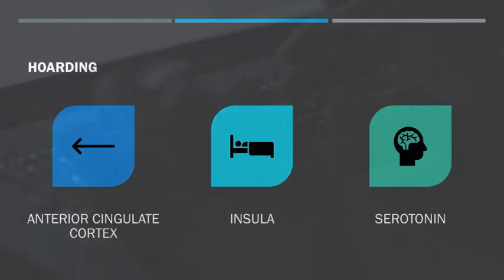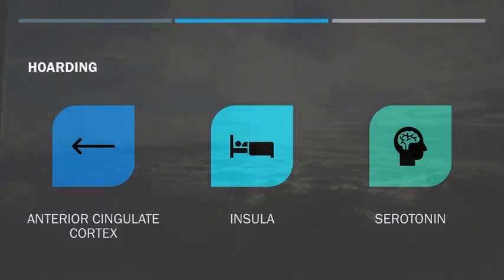The research into the neurobiology of hoarding disorders is still evolving, but it does seem that the anterior cingulate cortex plays a role there, that there is a dysregulation in that part when it comes to making the difficult decision of discarding possessions.